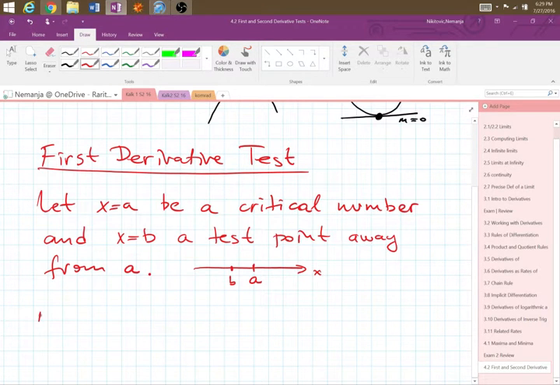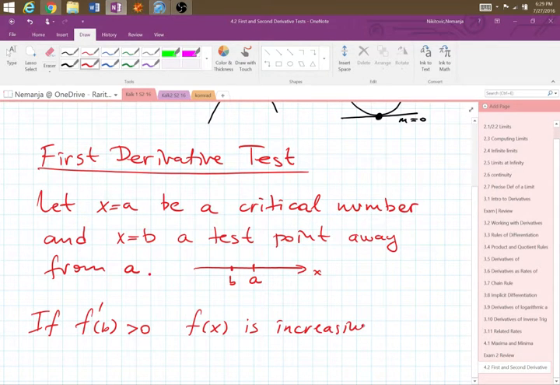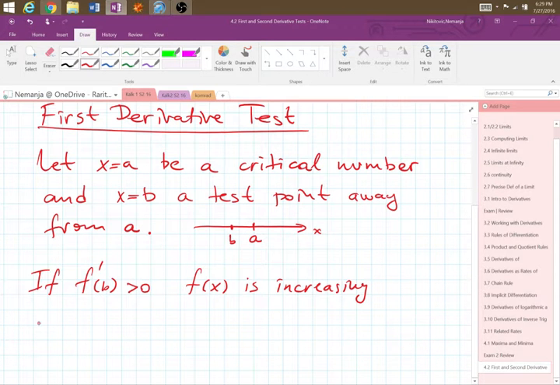So now, if f prime of b is larger than 0, f of x is increasing. If f prime of b is less than 0, f of x is decreasing.